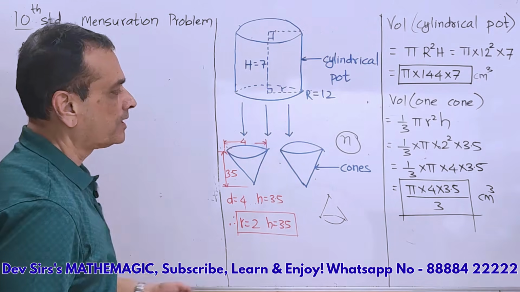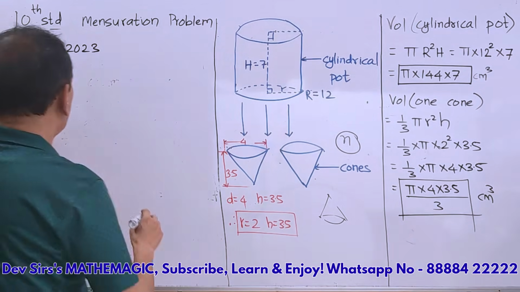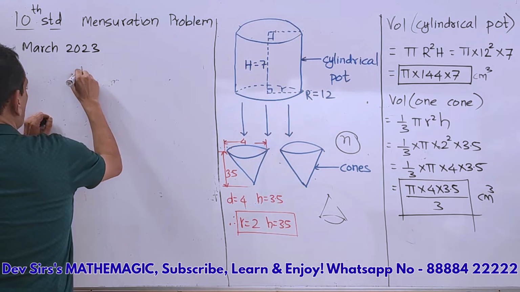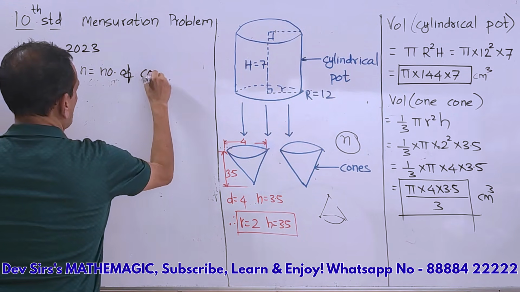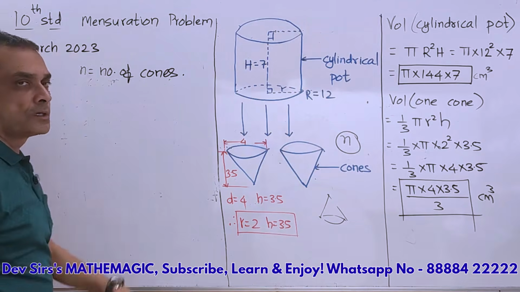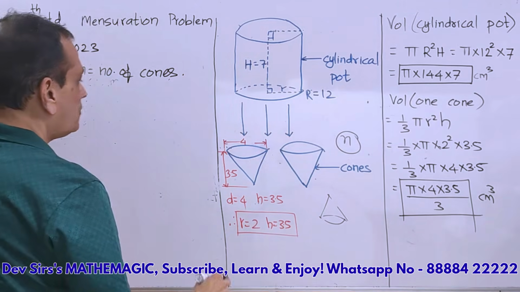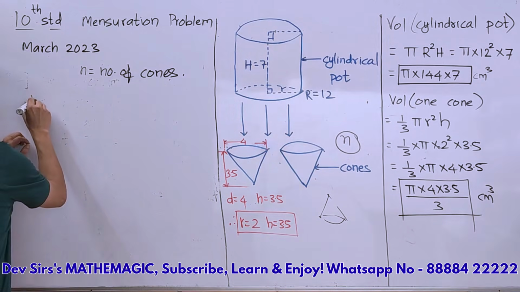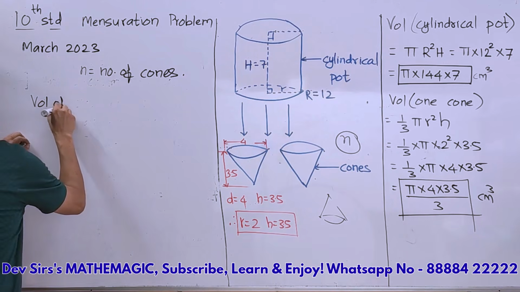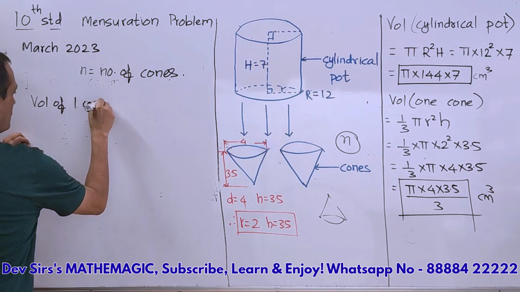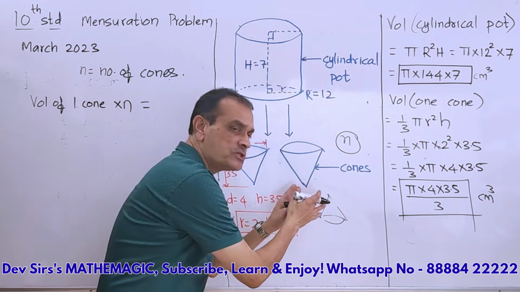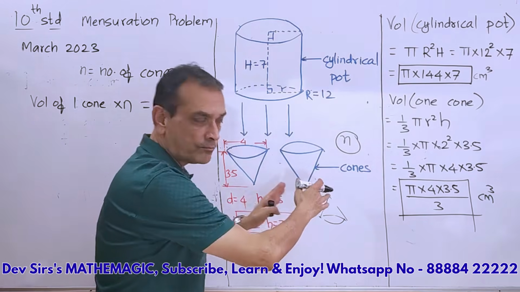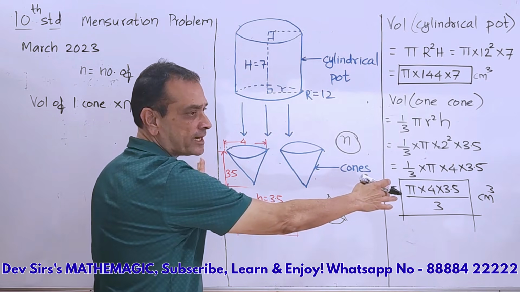Let the number of cones be n. So volume of one cone into n, smaller object into n, becomes a lot of volume.